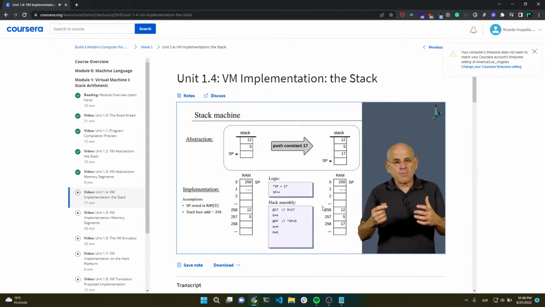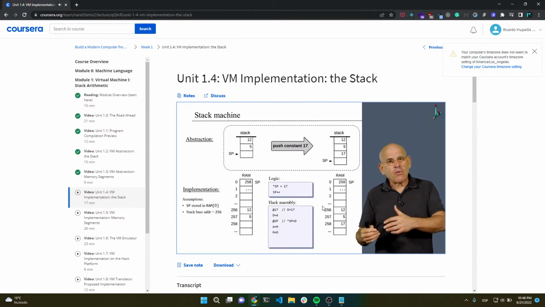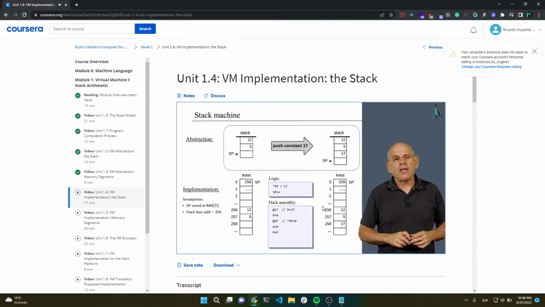We do at SP, A equals M, M equals D. If you don't understand this logic, go back to the pointer manipulation crash course a few slides back and check it again. So this will accomplish the assignment of the value of D into the topmost stack location.